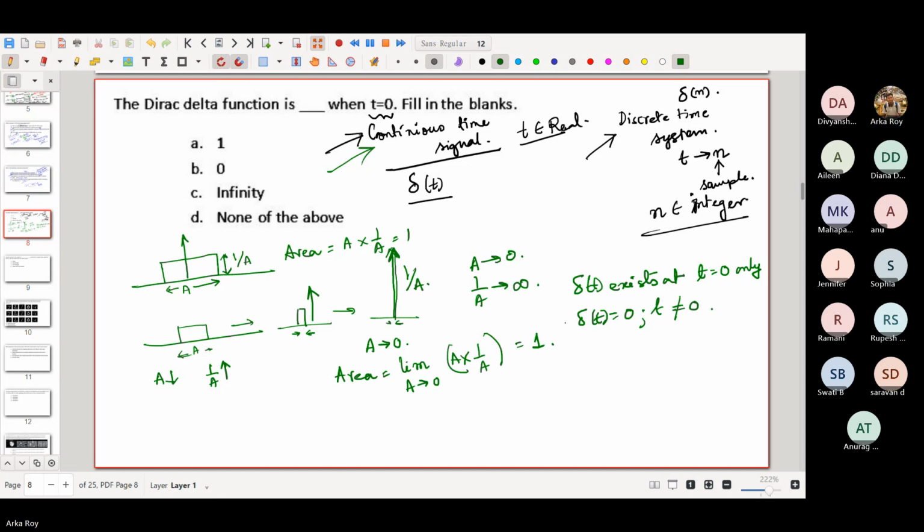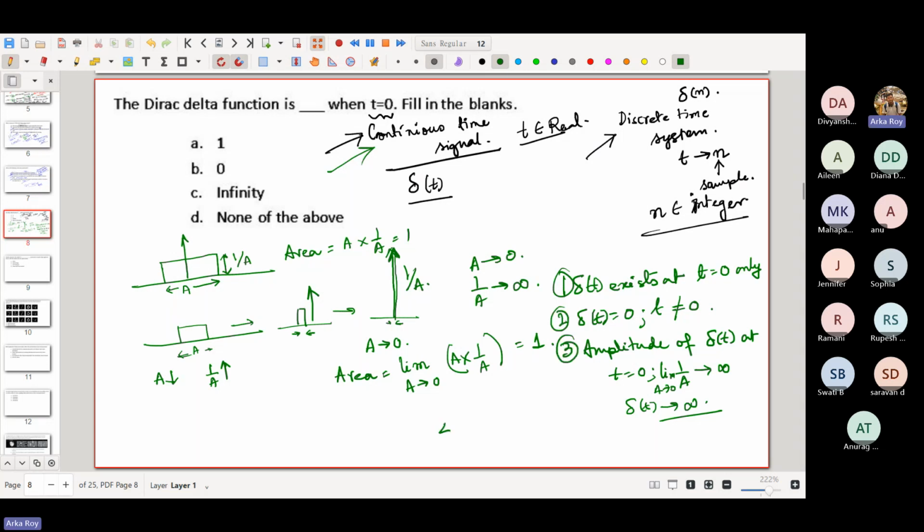And the amplitude of delta t at t equal to 0 is 1 upon a. As a tends to 0, this 1 upon a value reaches infinity. So that means at t equal to 0, delta t has a value tending to infinity. This is the first property, this is the second property, this is the third property.